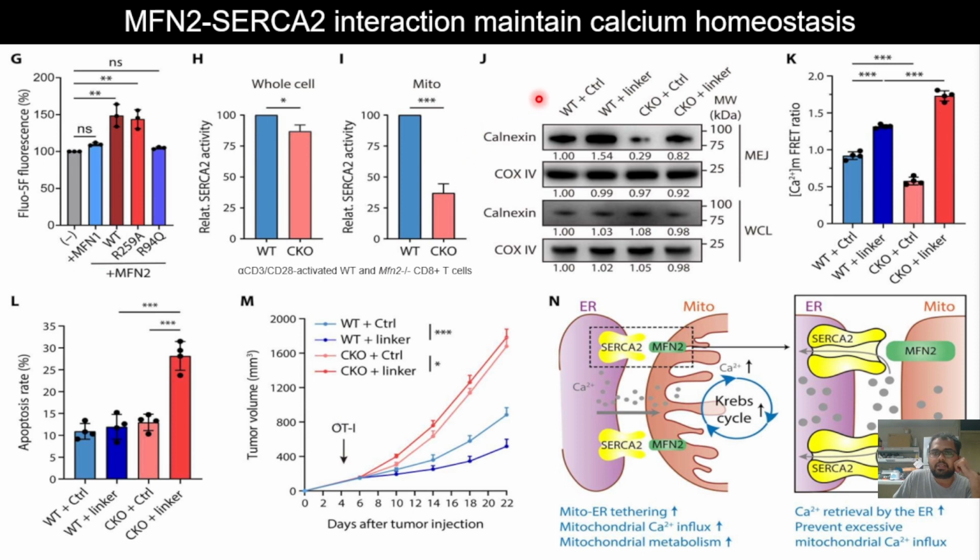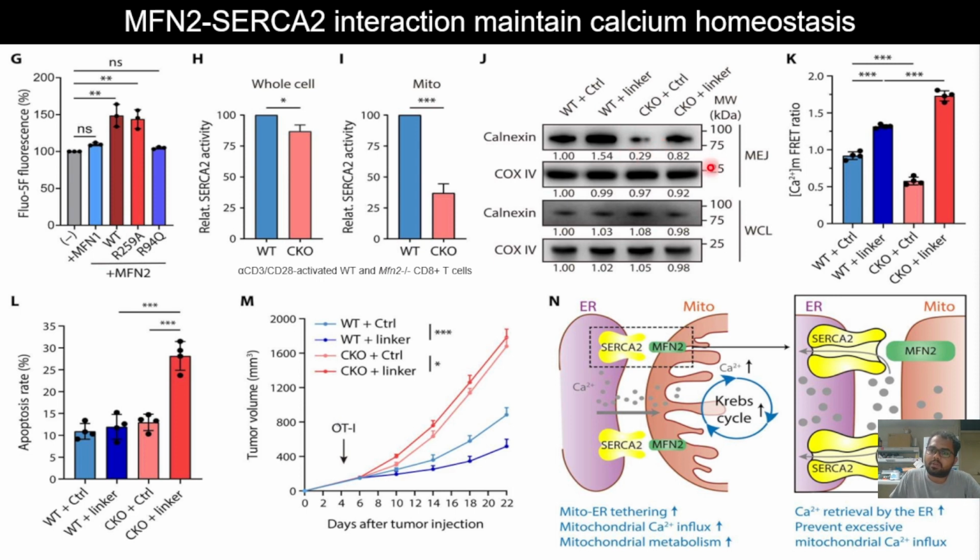Furthermore, they used these linkers. For example, you can see here when they use the linker, there is more cholinesterase in these mitochondrial ER junction lysates, which means that these linkers are increasing the interaction between mitochondria and ER. You can see here in knockout the interaction is less. When the linker is used, it is restored again.